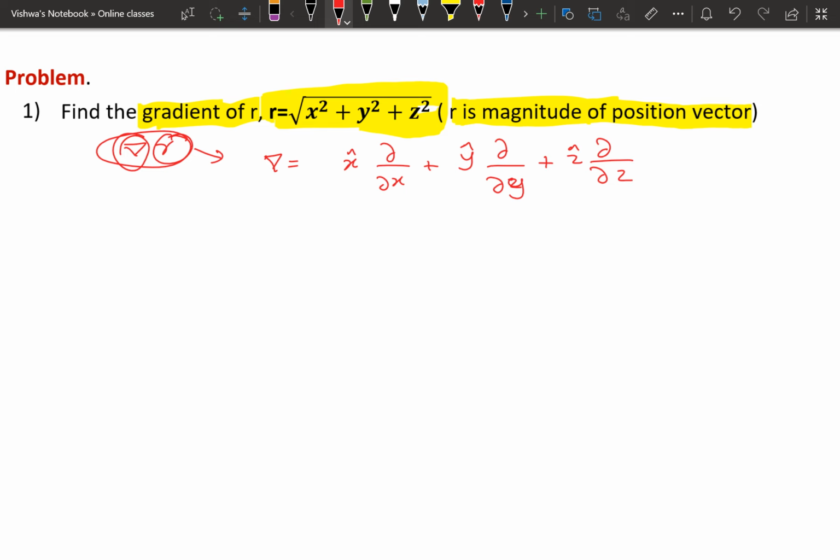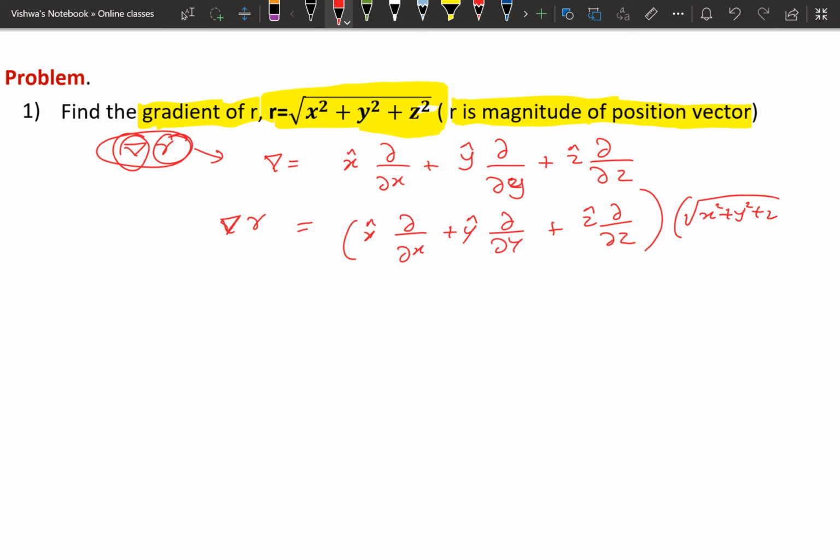To this we are going to operate del with r, the magnitude of position. Then this becomes x cap dou by dou x plus y cap dou by dou y plus z cap dou by dou z, operating on r, whose value is the square root of x square plus y square plus z square.